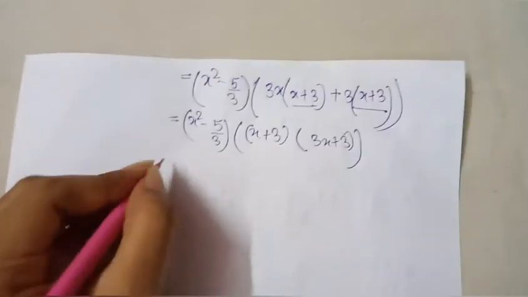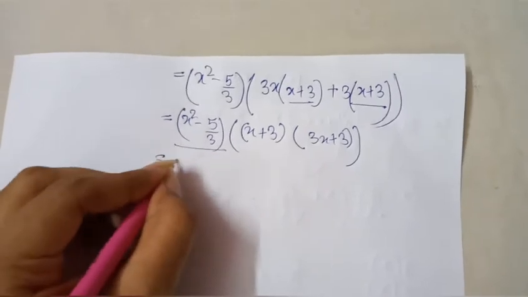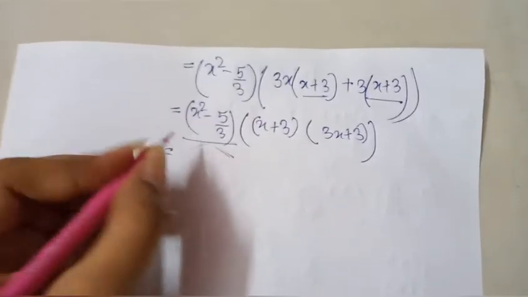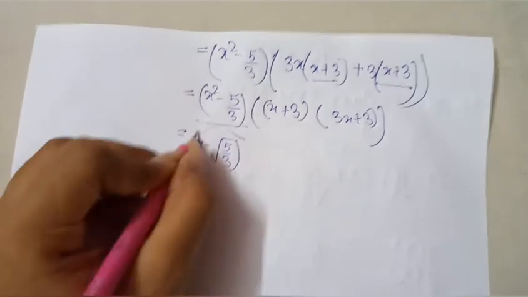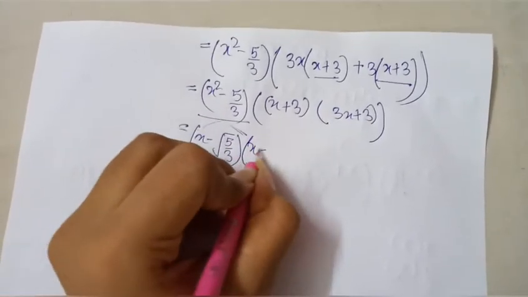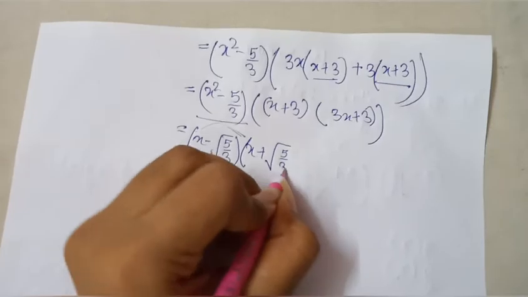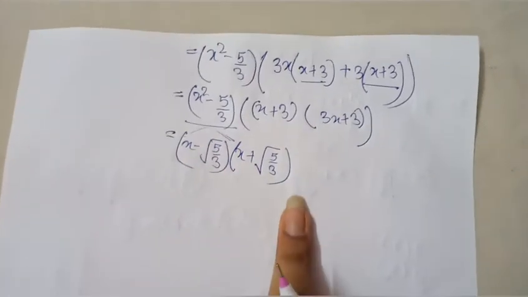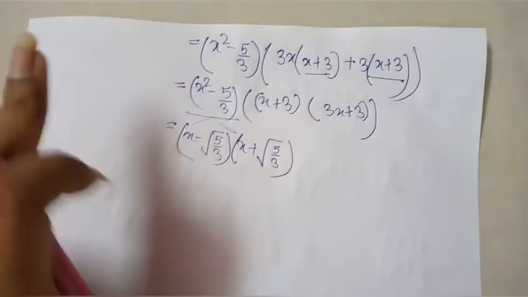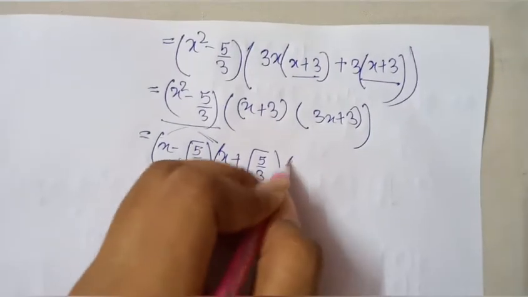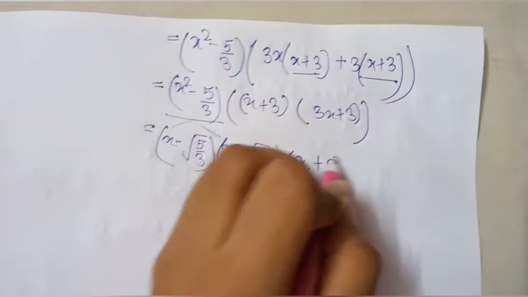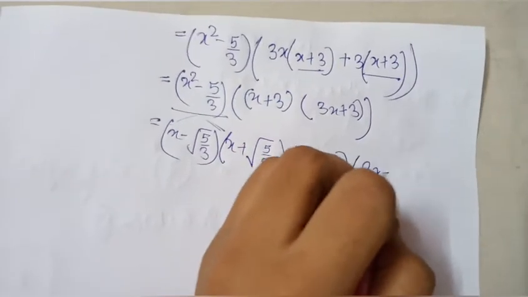And we can write the first in two terms, that is x minus root of 5 upon 3 and x plus root of 5 upon 3. A minus b, a plus b we have used in the first step only, and the next factors are x plus 3 and 3x plus 3.